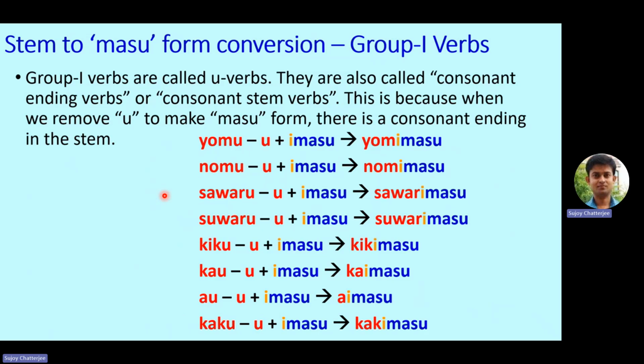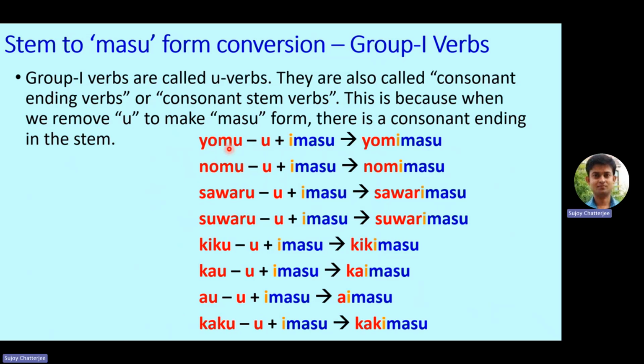So just see, when we convert yomu to its mass form, for example, yomu means to read. You can see here yomu minus u. We have to remove the u to make it the mass form, and then we add imas. If we remove u, then what is left? Yom.